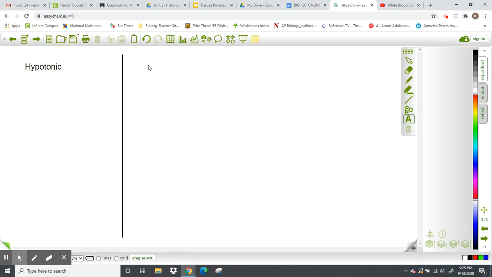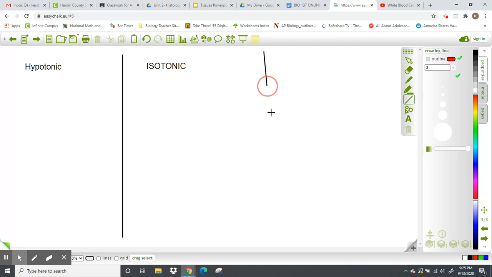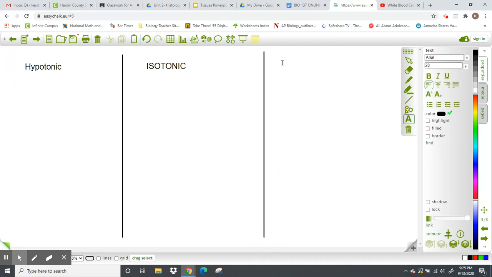We can describe it as isotonic. And then we can describe that as hypertonic.